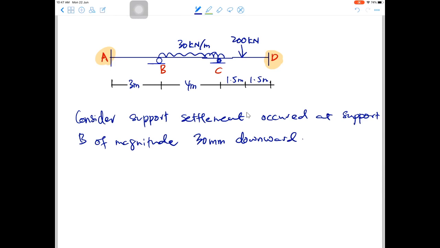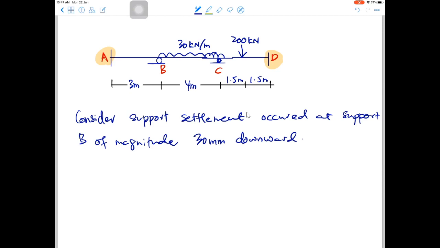Now, when we consider support settlement, bear in mind that the beam now has two types of fixed end moment. Fixed end moment can be divided into two conditions. One is fixed end moment due to external loading, and number two, fixed end moment due to delta. Settlement is delta.